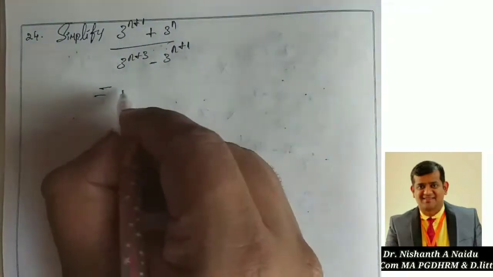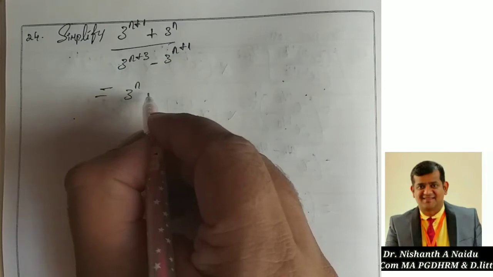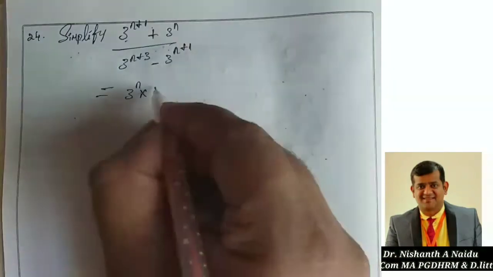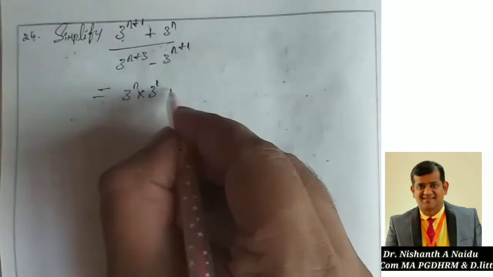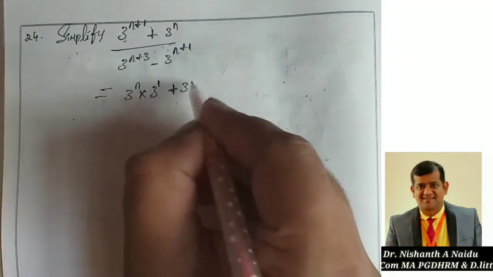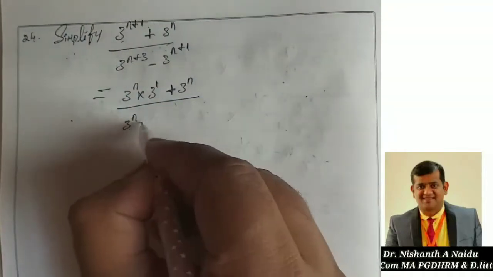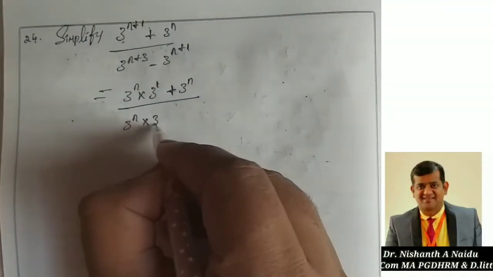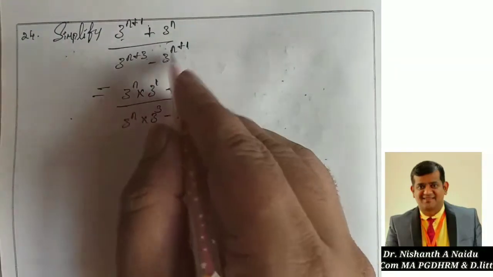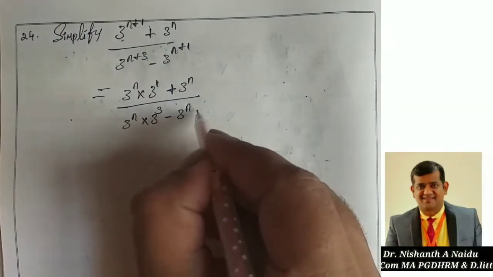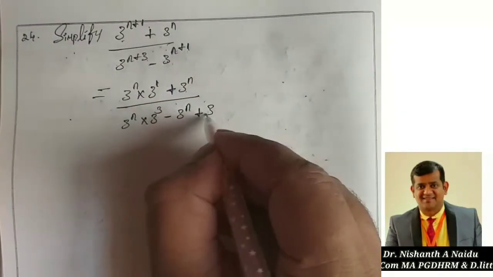So the next immediate stage, 3 to the power n into 3 to the power 1, plus 3 to the power n, divided by, again, 3 to the power n into 3 to the power 3, minus 3 to the power n into 3 to the power 1.